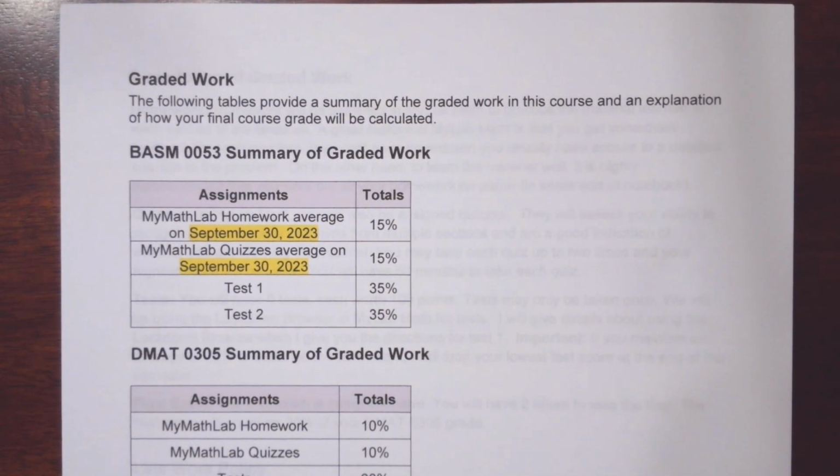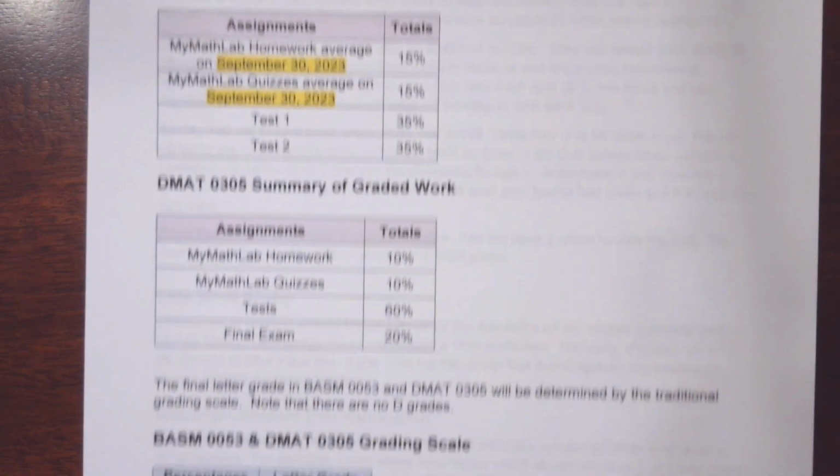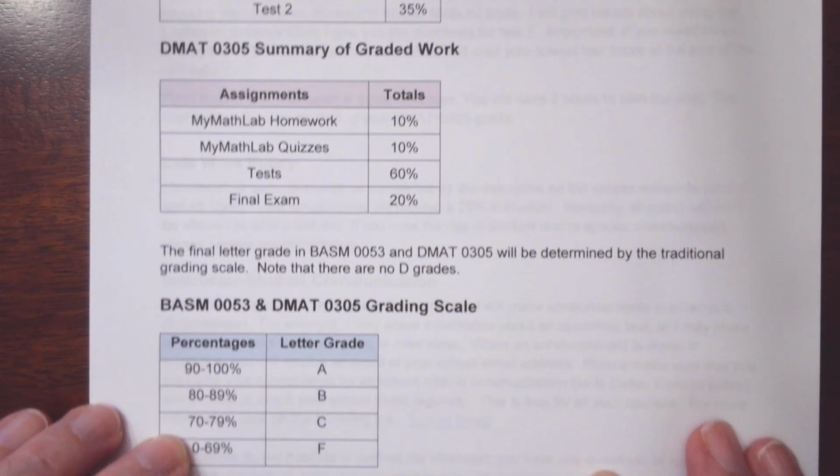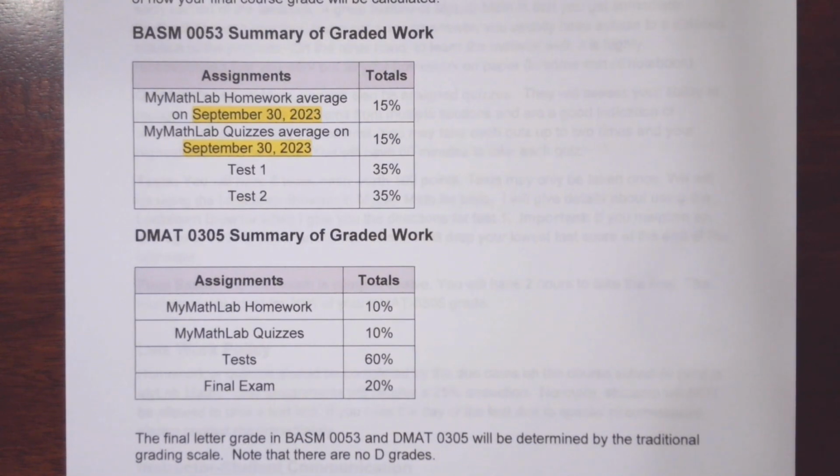So that's how your BASM grade is determined. Basically, we're going to be doing all the work in one place, and so even though it's 2 courses, we're really going to be working in one place in the MATH0305 course. So that's how you'll get your grade for BASM 053.